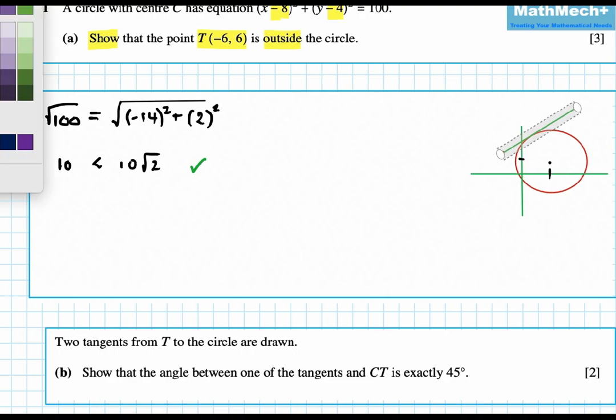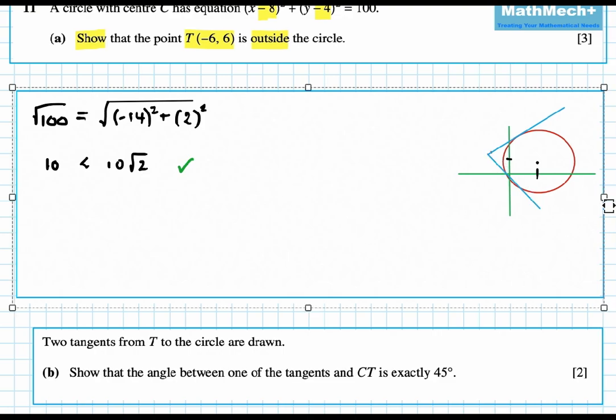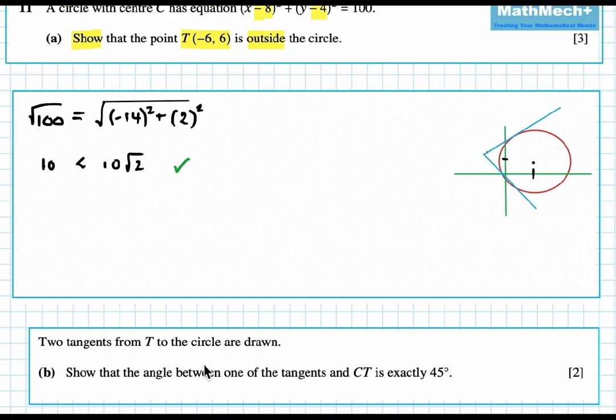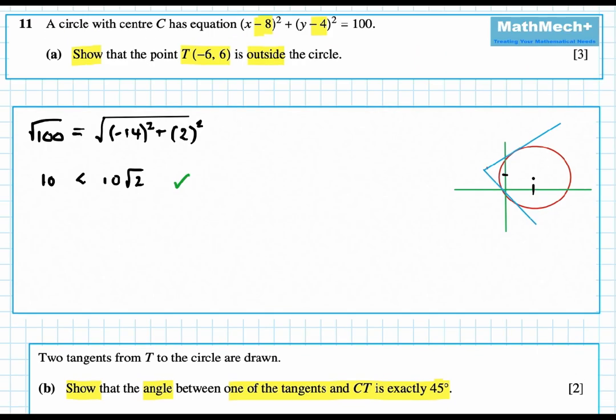Part B, we have two tangents from T, and we're going to draw those tangents from that point, minus 6, 6. This will remind you of a circle theorem, I'm sure, if you do the line down the center into the center of that circle. And that's what we're showing basically in that question, where the angle between the tangent and CT should be 45 degrees, of course.